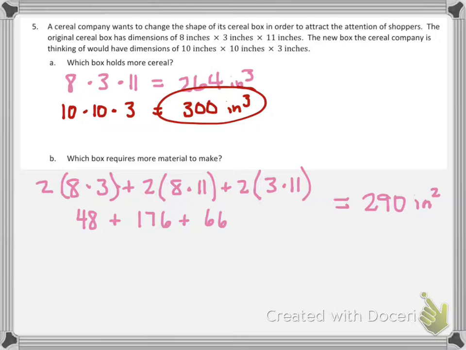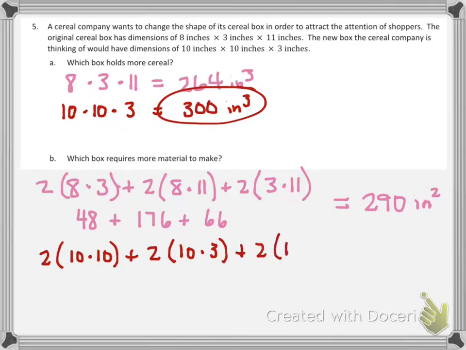All right, and then let's figure out the surface area of the new box. The new box is going to be 2 times 10 times 10 plus 2 times 10 times 3 plus 2 times 10 times 3 again.